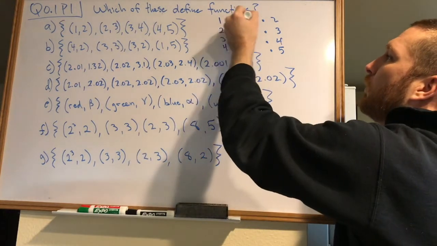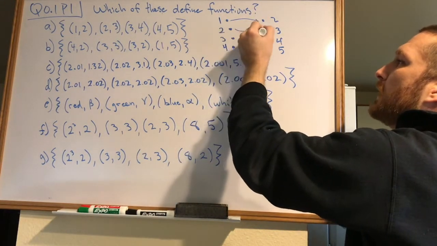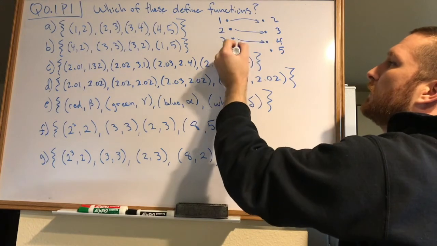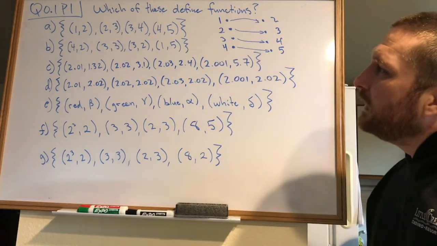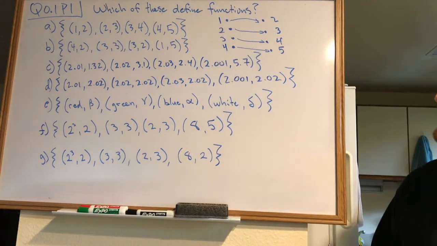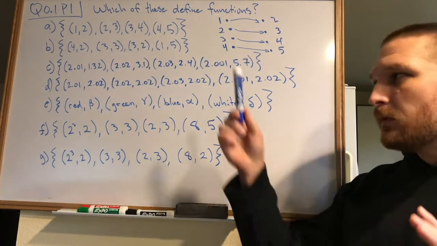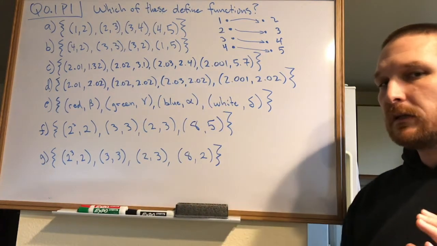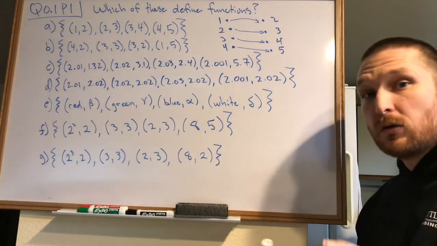So 1 gets mapped to 2, 2 gets mapped to 3, 3 gets mapped to 4, 4 gets mapped to 5. And we could see that in every one of these cases, this is a perfectly good relationship. There's a perfectly good rule.